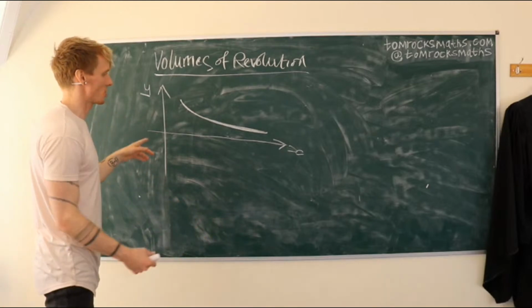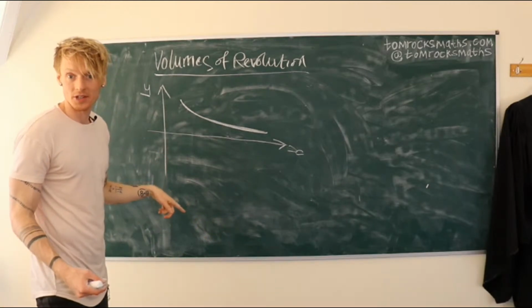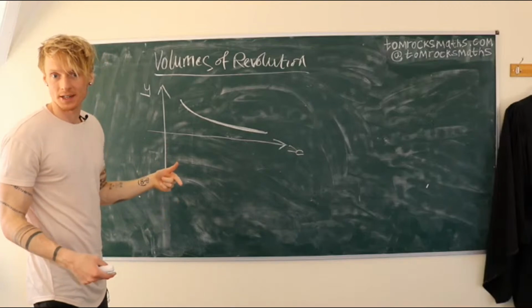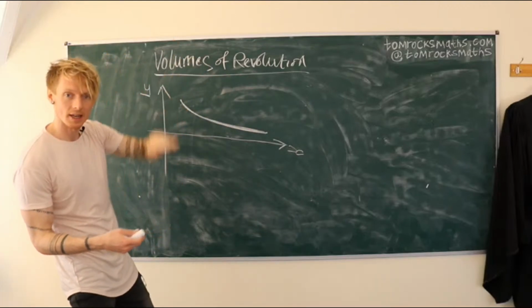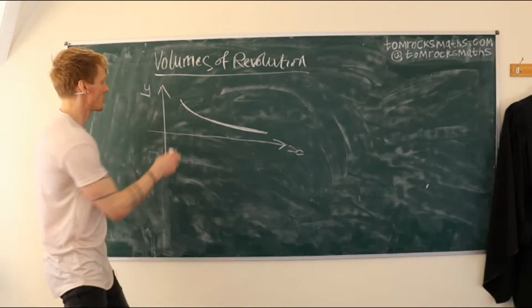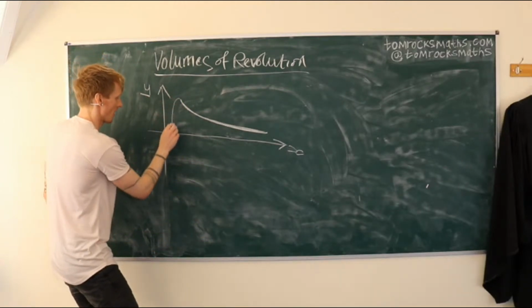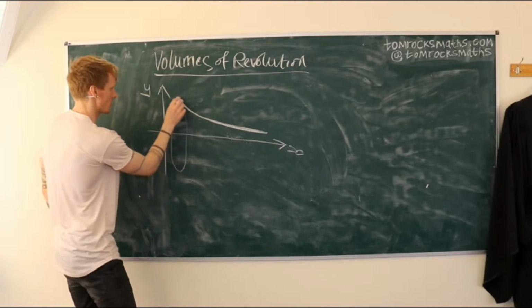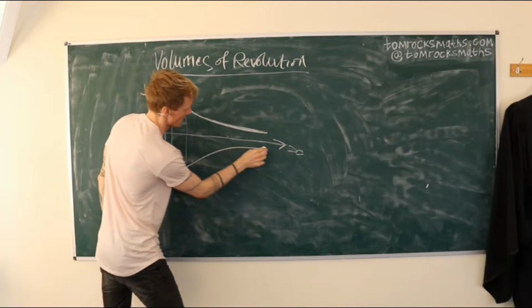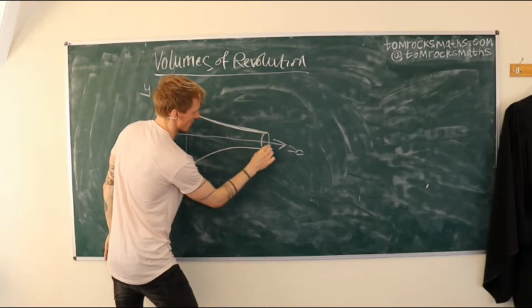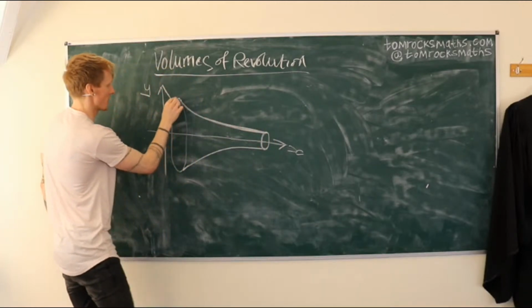So I want to concentrate on the x-axis rotation for this particular example. I'm going to take my graph and rotate it around this axis. As I do that, it creates a circular shape here, and then this comes in, and you create a circular shape here. So this would be an example.